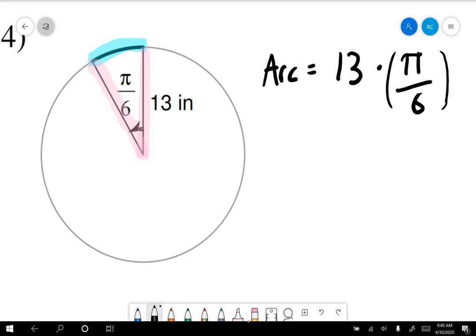I put the pi over 6 in parentheses just to remind myself that it's multiplication, but you don't have to. I don't see anything to cancel here. 13's prime. So our answer, somewhat anticlimactically, is 13 pi over 6.